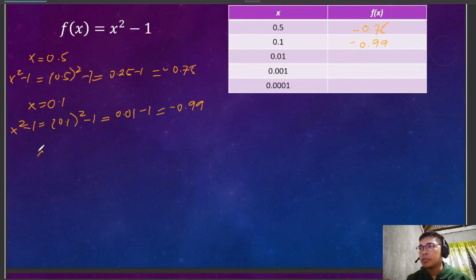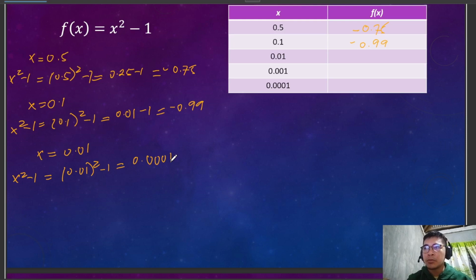Next, x equals 0.01. X squared minus 1 equals the square of 0.01 minus 1. 0.01 times 0.01 is 0.0001, minus 1. So negative 0.9999. Next, x is equal to 0.001.